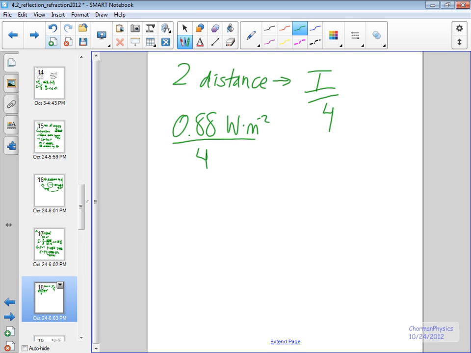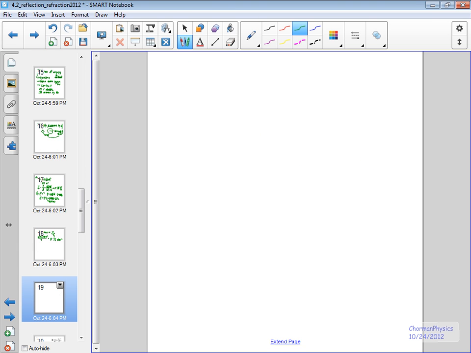So you take your 0.88 watts per meter squared, divided by 4. You can actually do this calculation by finding the area using 6 meters as your radius, and you should end up with the same thing. All right, so that is it for intensity.